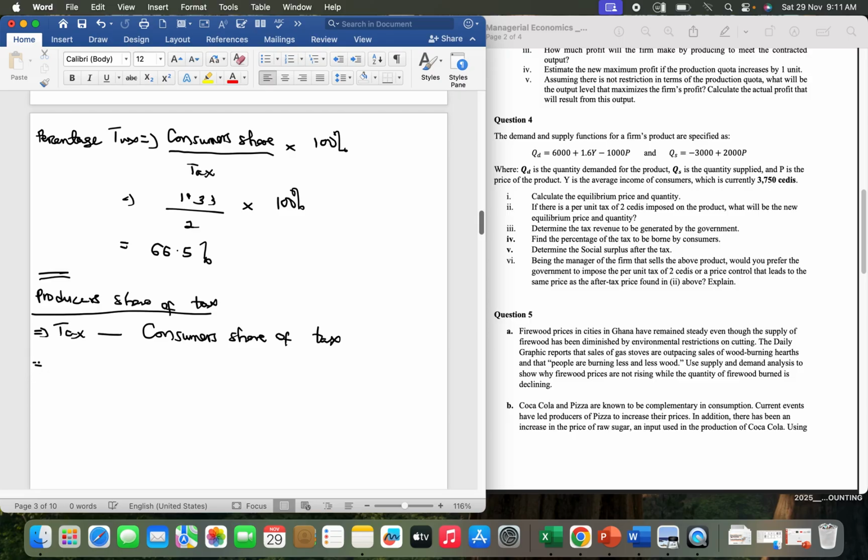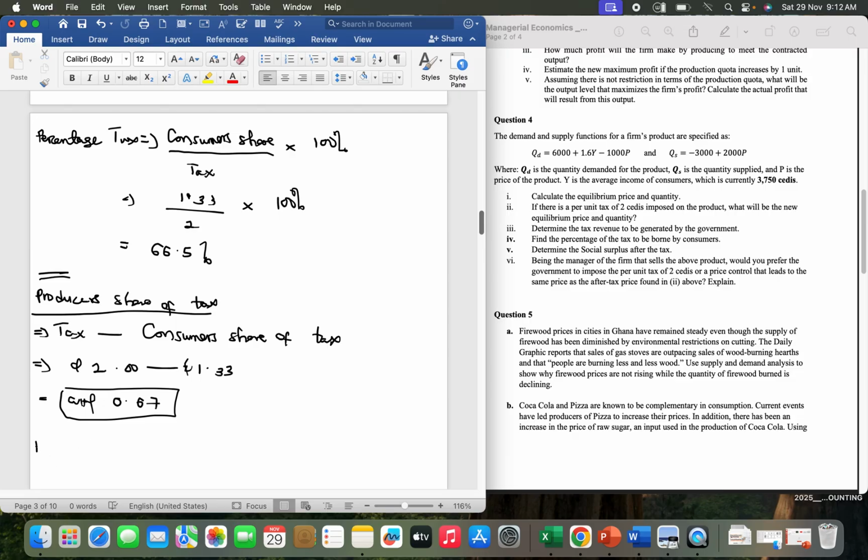The tax in the question is 2 cedis, minus the consumer's share of tax, which we had as 1.33. So the producer's share is 2 minus 1.33, which gives you 0.67. That is the producer's share of tax, assuming you were asked to solve it.